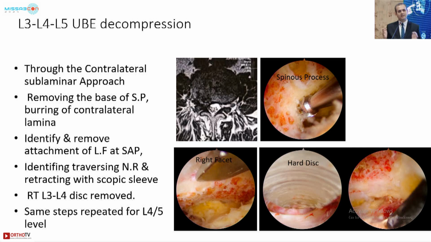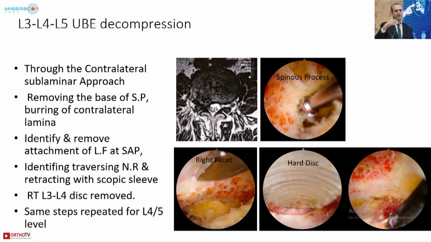So when we plan this kind of an approach, we try to minimize the laminar cutting on the ipsilateral side. We try to expose the spinolaminar junction, the base of the spinous process. We undercut the base of the spinous process, isolate the lamina on the opposite side, and we go to the contralateral side, detach the ligamentum flavum, go to the facet, identify the facet on the opposite side, and then undercut the facet, do the flavectomy, isolate the lateral border of the traversing nerve root and the shoulder of the traversing nerve root on the contralateral side, and retract it towards our side.